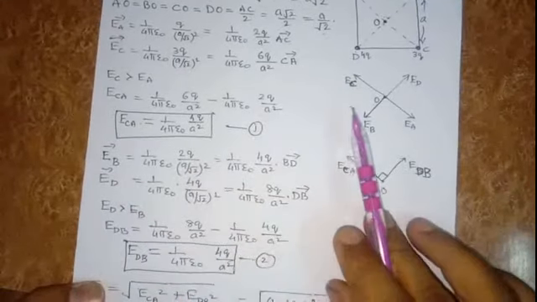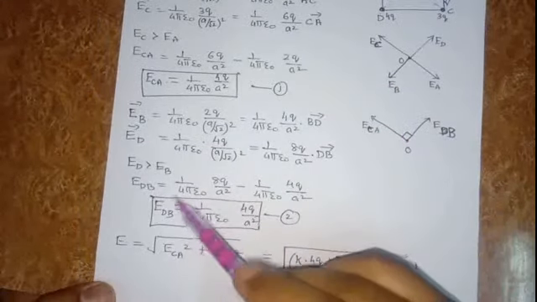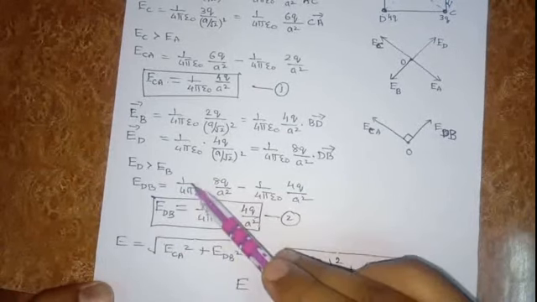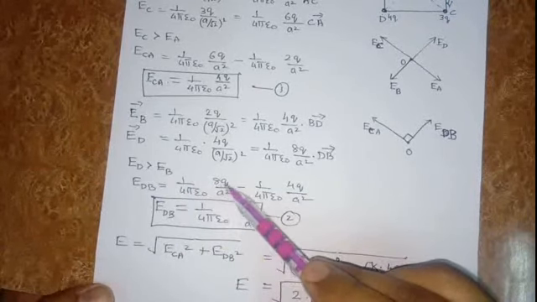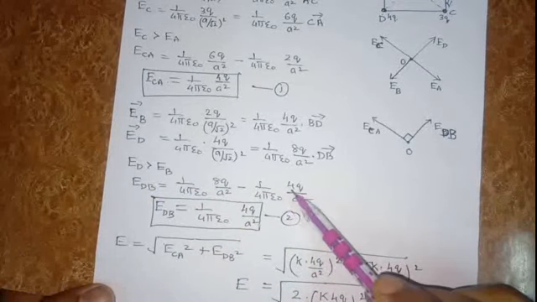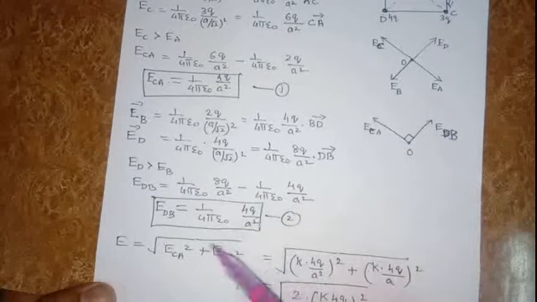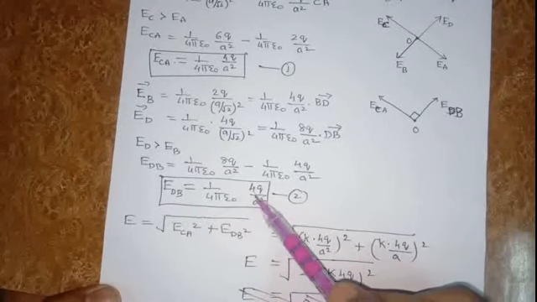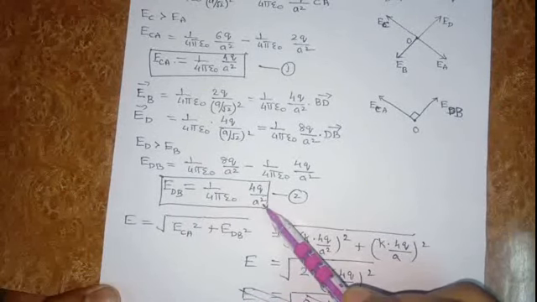ED is greater than EB. Therefore, the net electric field in that direction will be EDB equal to 1 by 4 pi epsilon 0 8Q divided by A square minus 1 by 4 pi epsilon 0 4Q divided by A square. That will be EDB equal to 1 by 4 pi epsilon 0 4Q divided by A square.